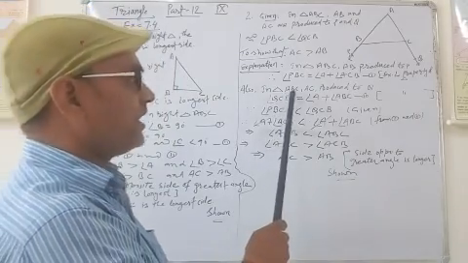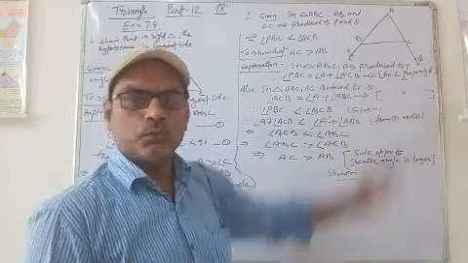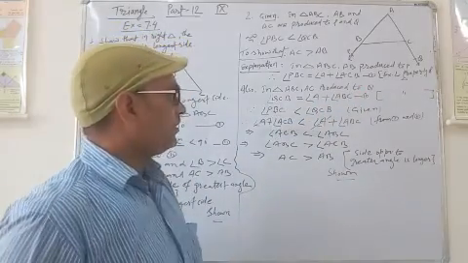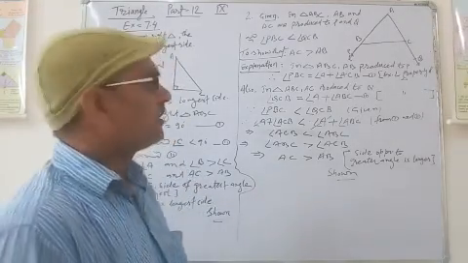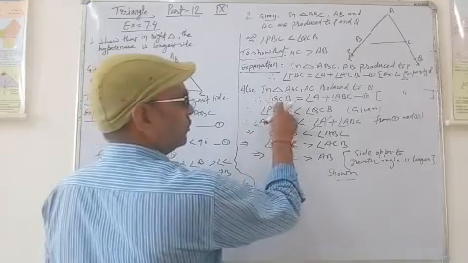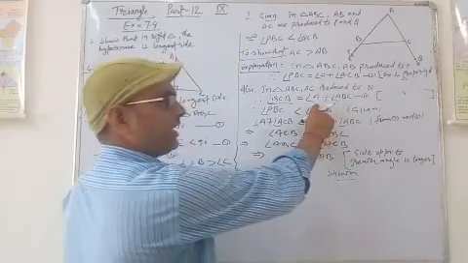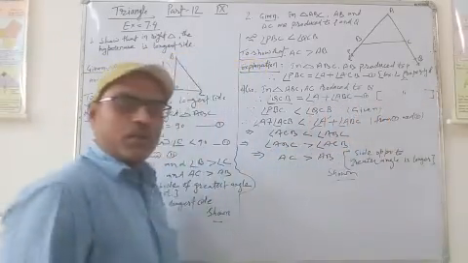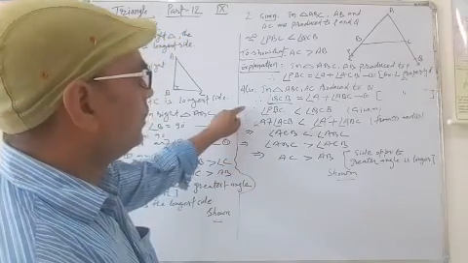Also in triangle ABC, AC is produced to Q. Therefore angle QCB is equal to angle A plus angle ABC. Equation 2, from exterior angle property of triangle.